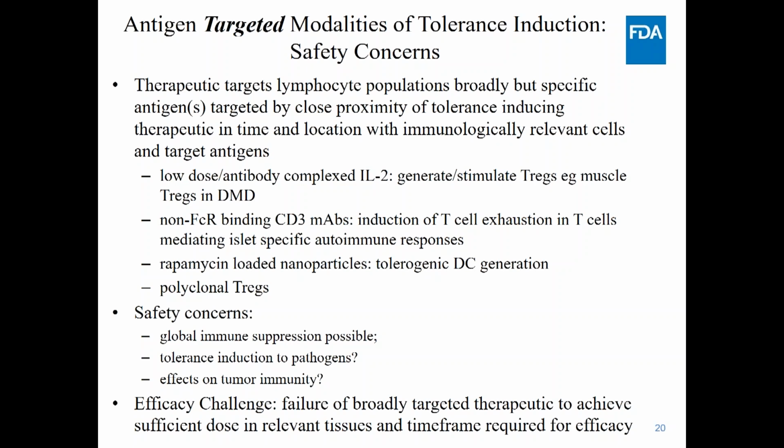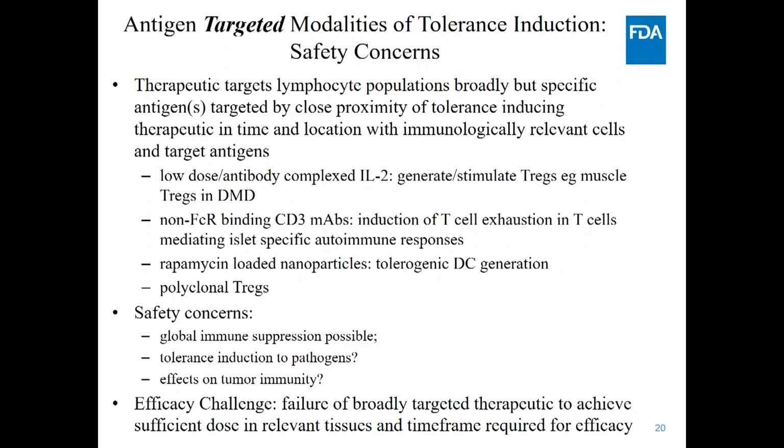Some examples are low-dose or antibody complex IL-2 to stimulate regulatory T cells, non-Fc receptor binding CD3 monoclonals, which induce T cell exhaustion, potentially in T cells mediating islet-specific autoimmune responses, and rapamycin-loaded nanoparticles, which really focus on generating tolerogenic dendritic cells and polyclonal Tregs.